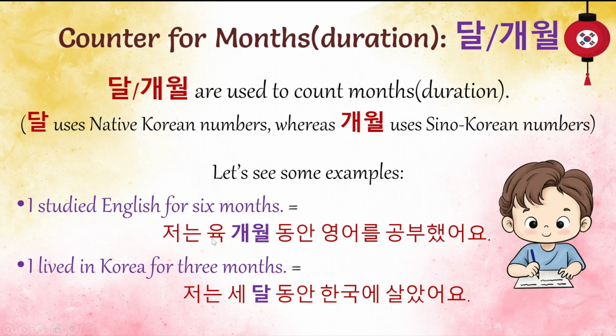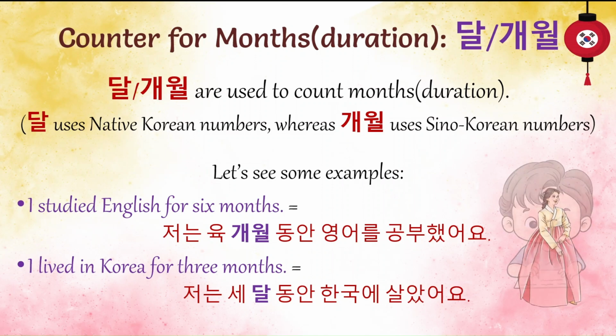Now you have to say 6 months, 6개월. Now for a duration of 6 months, 6개월 동안. 동안 is used to indicate a time period or a duration. Okay? So here, if you have to say that you did something for a duration of 6 months, you use this phrase 6개월 동안. Okay?